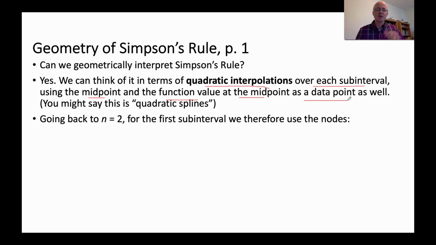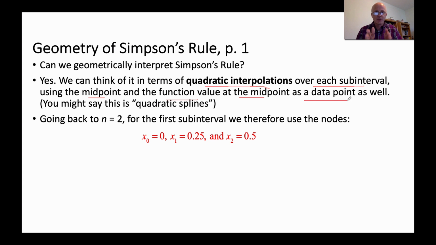Let's go back to n equals 2 and focus on that first subinterval from 0 to 0.5. We're going to use 3 nodes, 0, 0.25, and 0.5. We'll label them. This is a new labeling now. x0 is still 0. x1 is no longer 0.5 here. It's going to be 0.25. And x2 is 0.5.